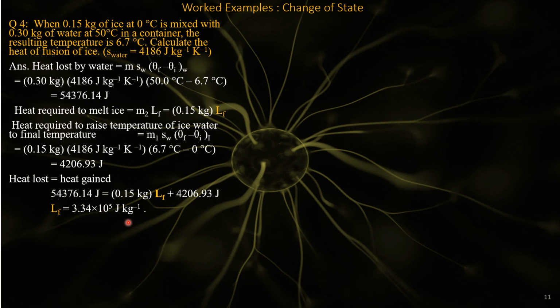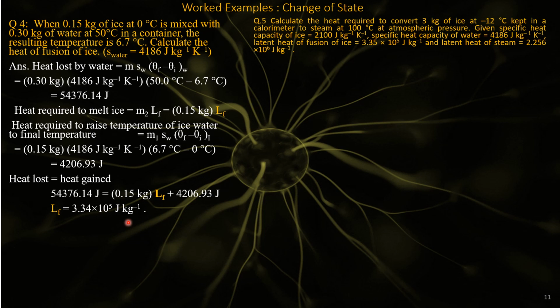Please repeat the question, write down and work out yourself. Next question. Calculate the heat required to convert 3 kg of ice at minus 12 degrees Celsius kept in a calorimeter to steam. That is converting the 3 kg of ice to steam at 100 degrees centigrade at atmospheric pressure.